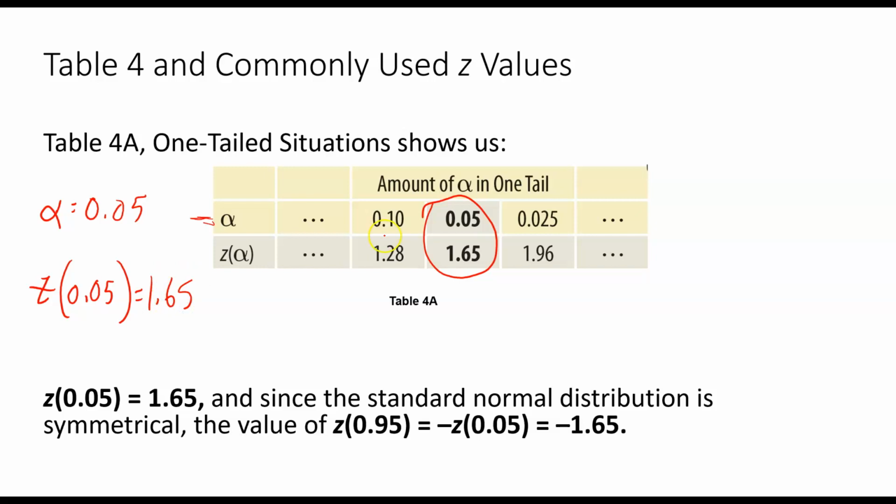Z of 0.1 equals 1.28. Z of 0.025 equals 1.96. So those are commonly used Z of alpha values, and they are in table 4A. Now, if you need them for the negative side, the left tail, you just put the negative in front. Keeping in mind that the alpha value is always area to the right.